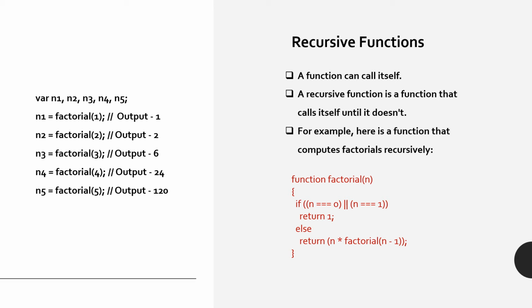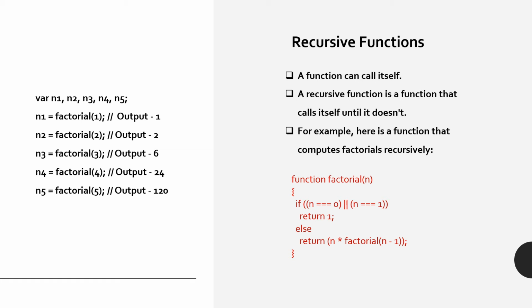For example, in the case where n is equal to 1, or n is equal to 0, it returns 1. So here we will get 1.